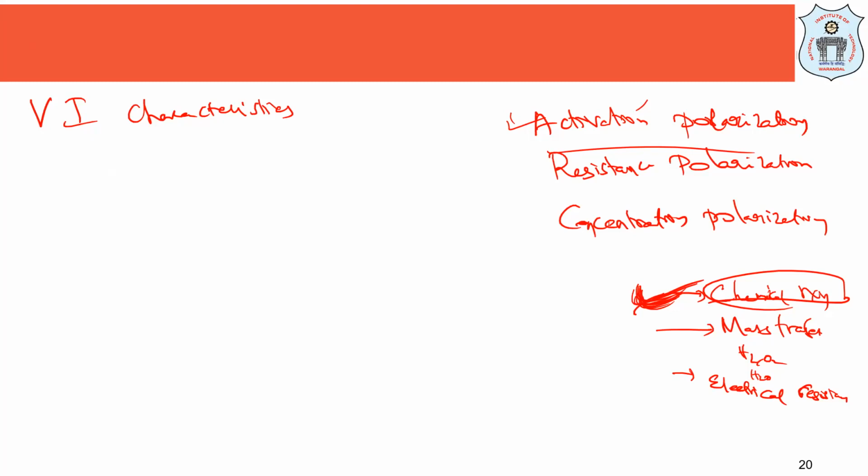Similarly, due to electrical resistances, we have resistance polarization in the voltage. And with respect to mass transfer of the reactant, product and intermediates, we have concentration polarization coming into the picture.